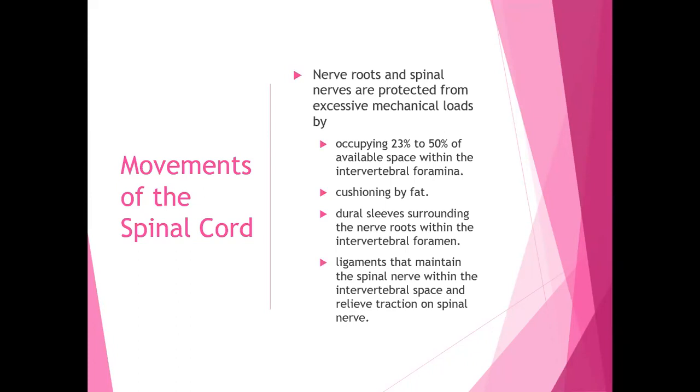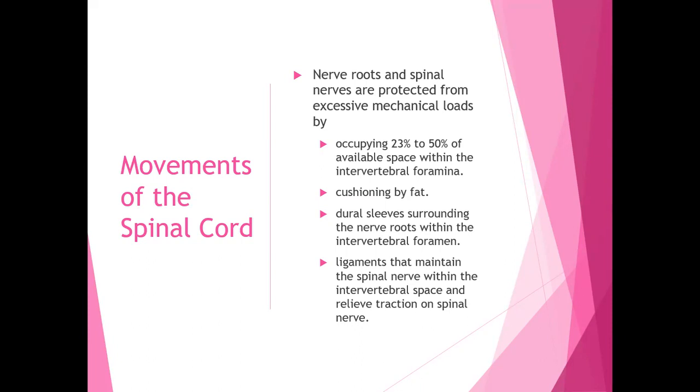So the nerve roots and spinal nerves are protected in a lot of ways from excessive mechanical loads. So for one thing, there's a lot of extra space in the intervertebral foramina. The interesting thing is you'll see various figures: you'll see 23 to 50%, you'll see 7 to 50%. So suffice it to say, the nerve roots and spinal nerves are not taking up all the space in the intervertebral foramina.